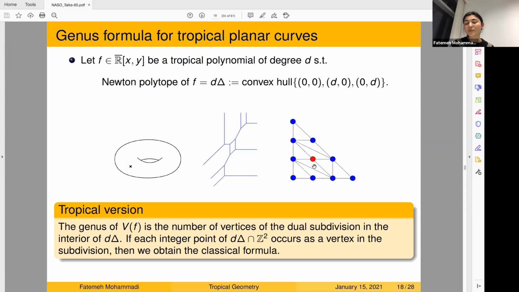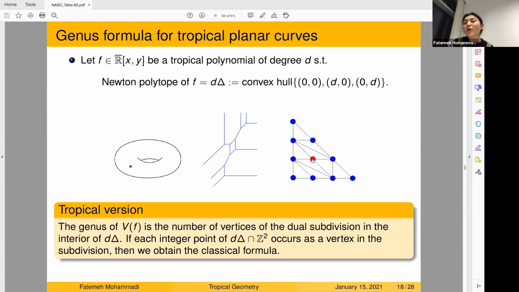Would there be a red point with no edges, or would there be no red point? In the example we are talking about, there would be no red point and no edges, so that would be just this triangle. But I'm looking at the intersection with Z2, so I would include all those lattice points.